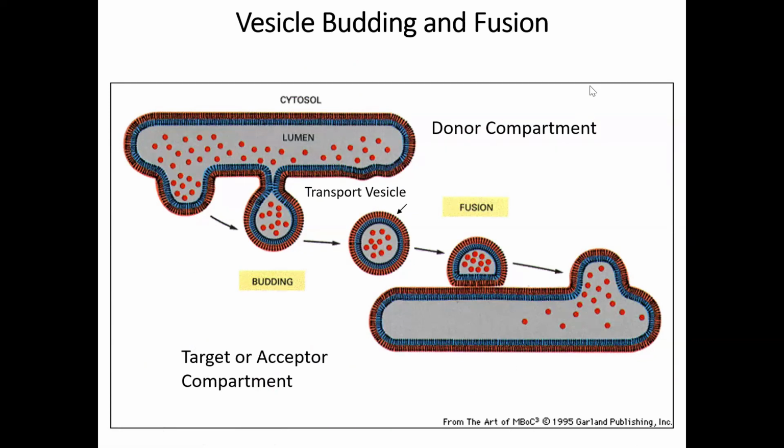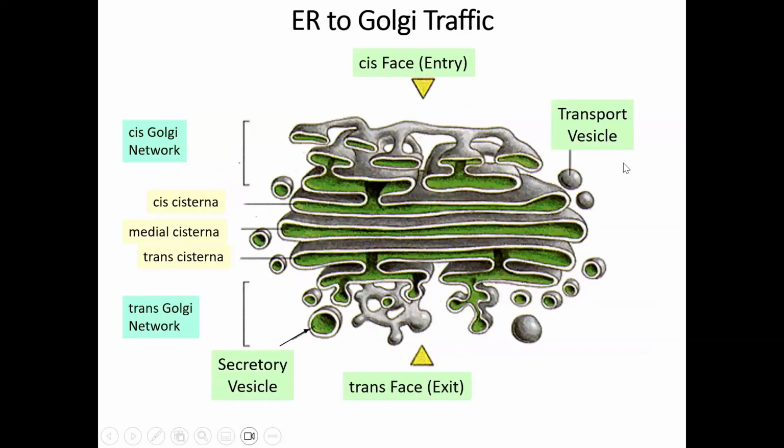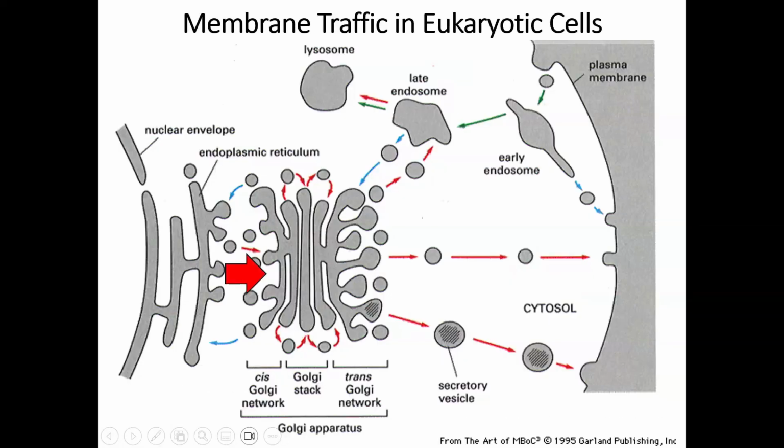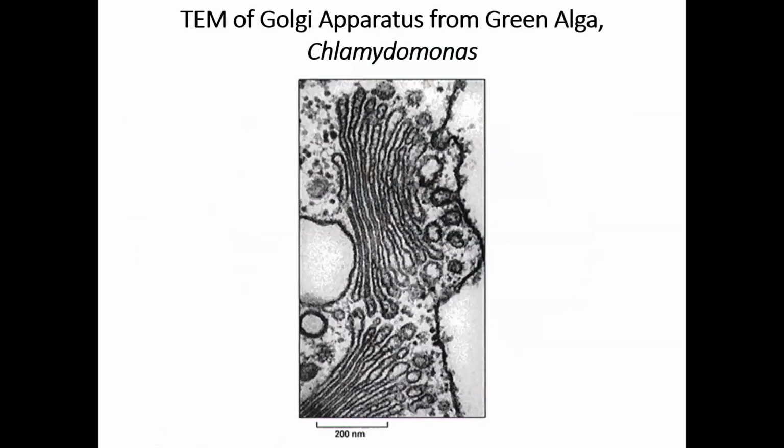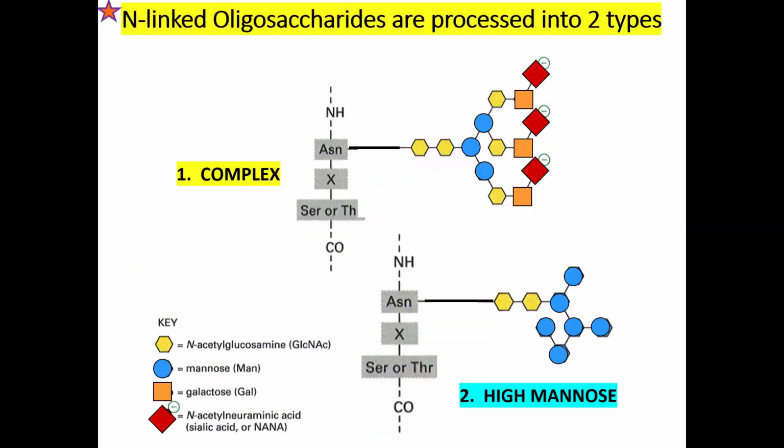So this is very straightforward. So let's take a look at this. So this is the cis face, that is entry, the trans face, that is exit. So we saw this picture sideways right here, and this is up and down. Remember that cis face entry is from where the vesicles from the endoplasmic reticulum come in. So this is exactly what you are seeing right here.